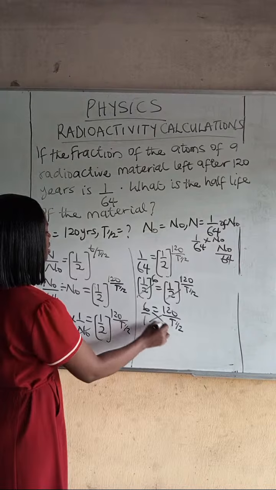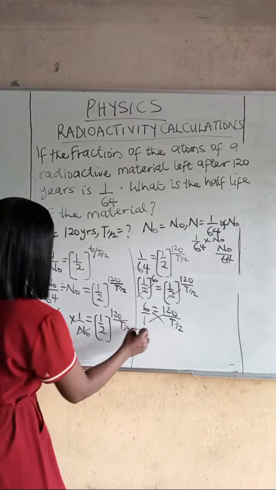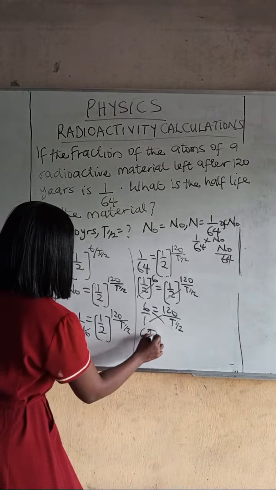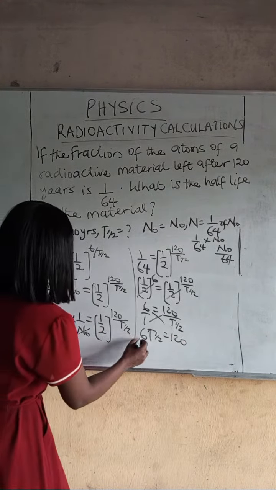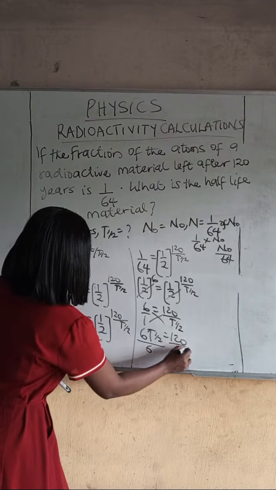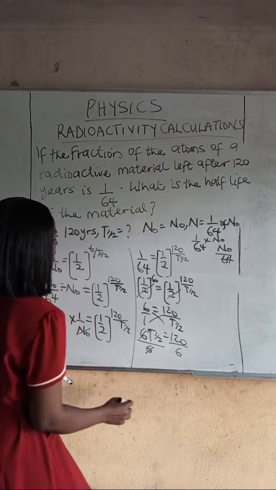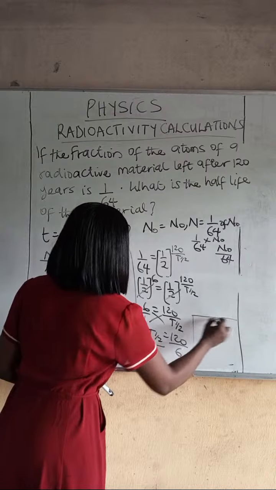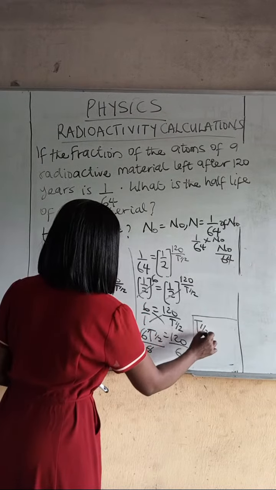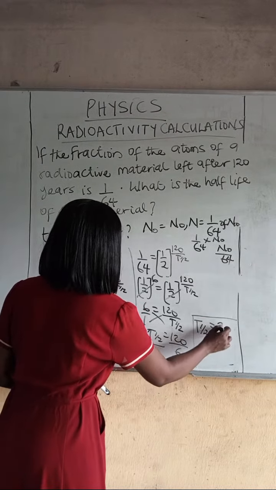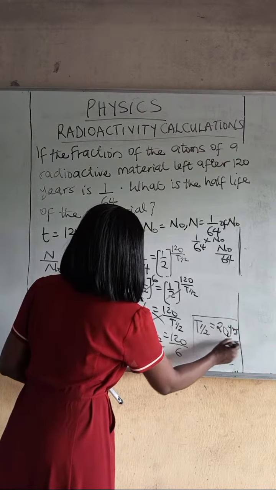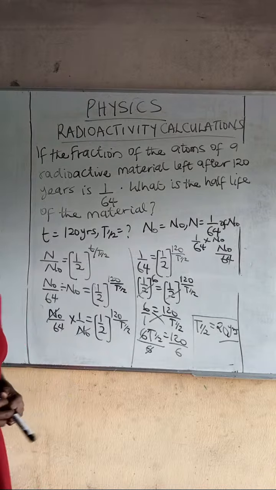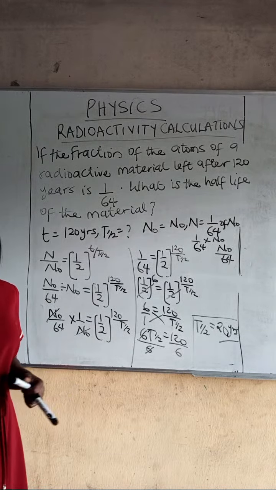I can say cross multiply by saying 6 times half-life is equals to what? 120. I will now divide both sides by 6. Automatically, my half-life is equals to what? 20 years. Do you understand? Right.